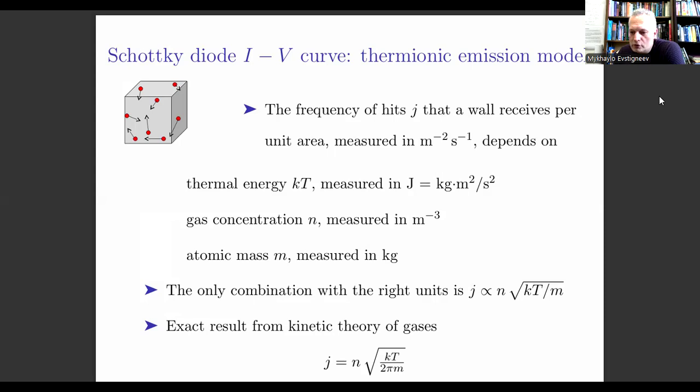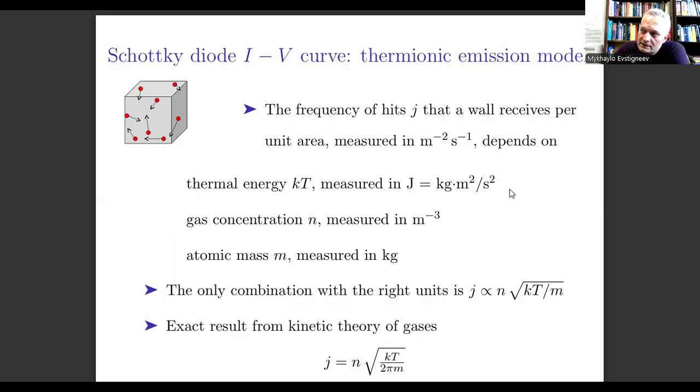Imagine you have some volume filled with a gas, and the gas is kept at temperature T, and we know the concentration of the gas molecules, how many gas molecules per unit volume.